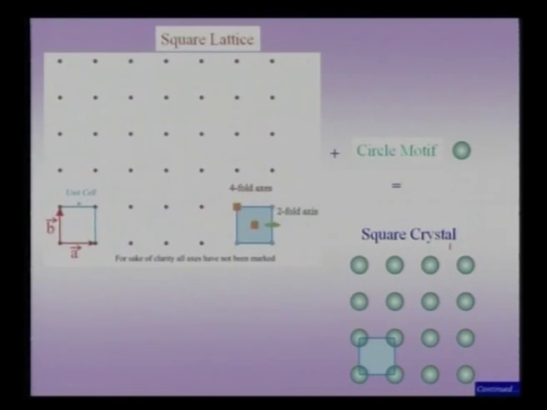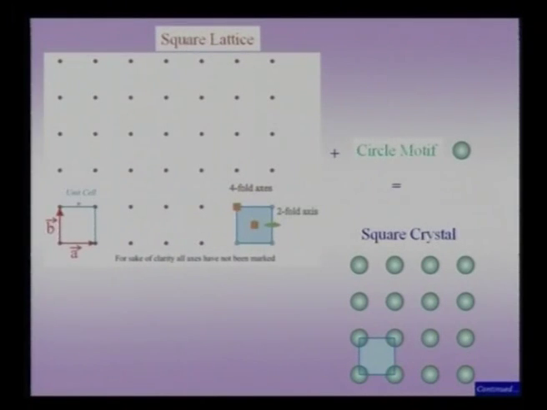Now, the important point here is that the lattice is called a square lattice, and the crystal I have generated is also called a square crystal. That means I am using the same word, square, in more than one context: first in the context of a lattice, second in the context of a crystal, and additionally I can use the same word to describe the shape of the unit cell, which is also a square.